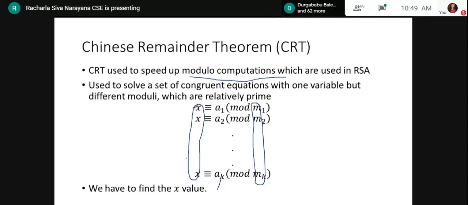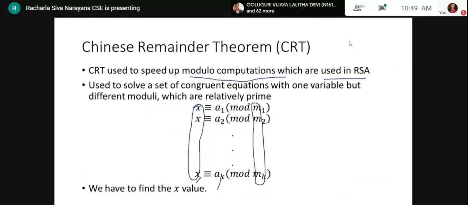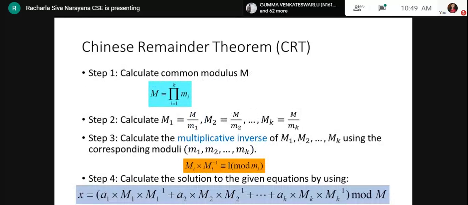Now we have to find the x value. So this is the Chinese remainder theorem, used in public key cryptography like RSA. How to find this x value? For that we have the algorithm. Here I am taking one example.